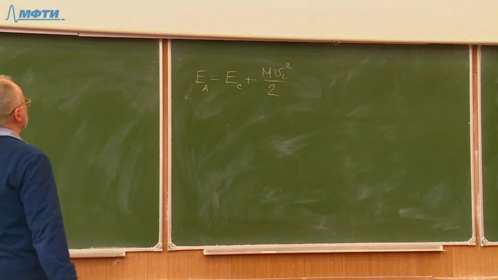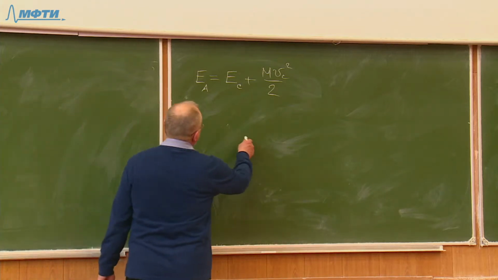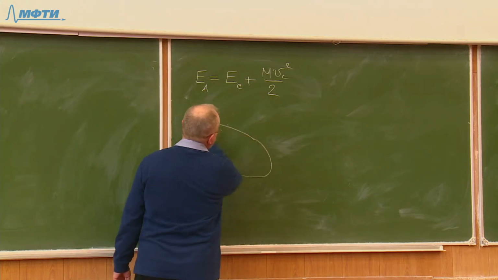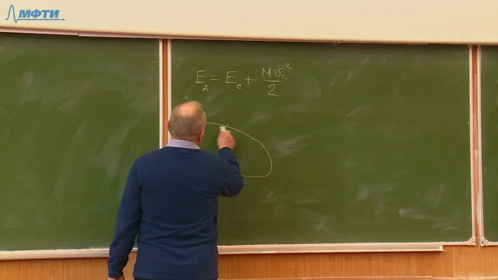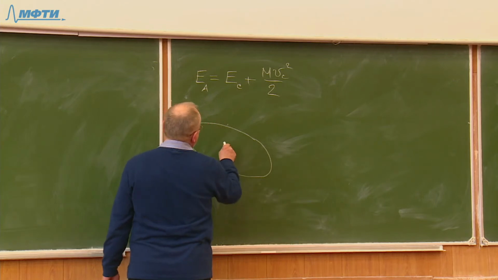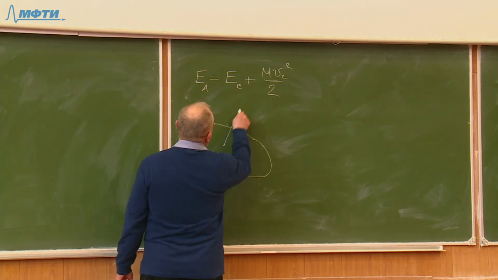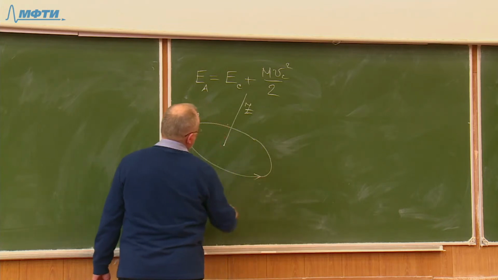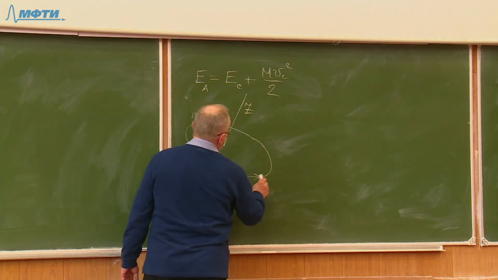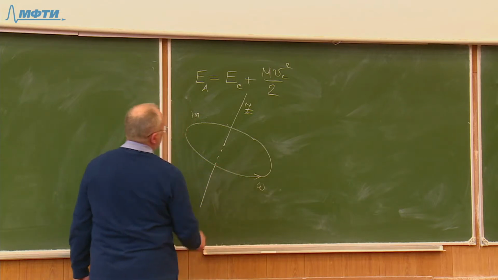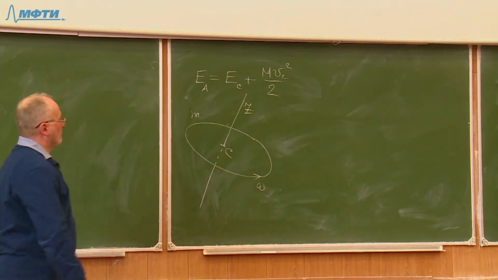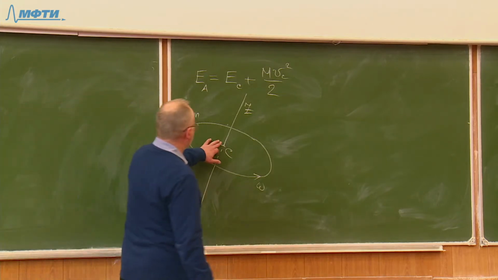Now, if we consider the rotational motion of a solid body, I will take a disk for a solid body. That's a disk of mass m, which rotates about axis z. So it rotates in this fashion. That is the center of mass of the solid body.